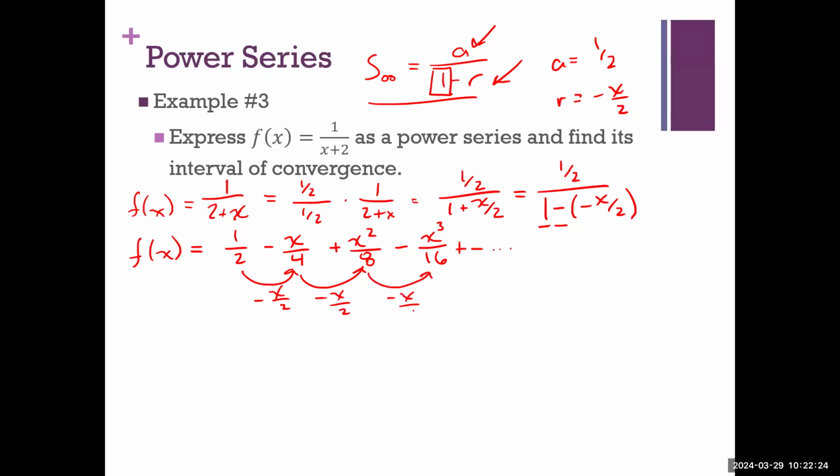Once we figure out that common ratio and the first term, I'll ask Caleb, since I think he gave out the first 2 terms: how'd you know that negative x over 4 was the second term in the sequence? Just multiply 1/2 by negative x over 2. Right, so let the common ratio govern everything. It has to. Can we condense this now?